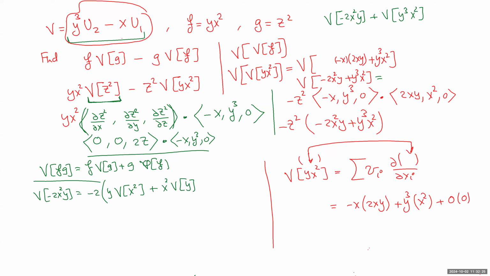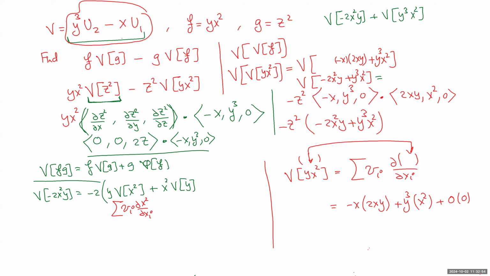Now the interesting thing, this one has just derivative with respect to x, and everything else is 0. So this is just going to be multiplied with the summation of v_i times the derivative of x squared with respect to x_i.